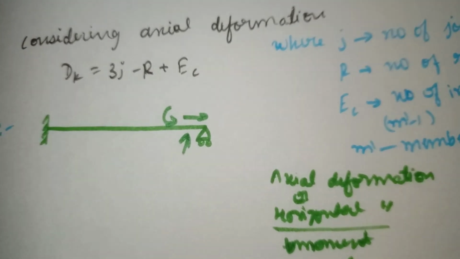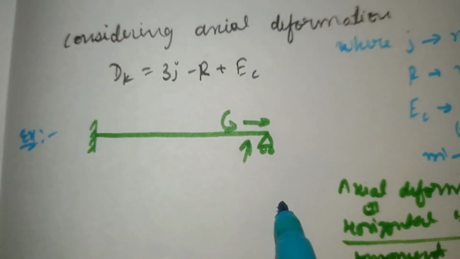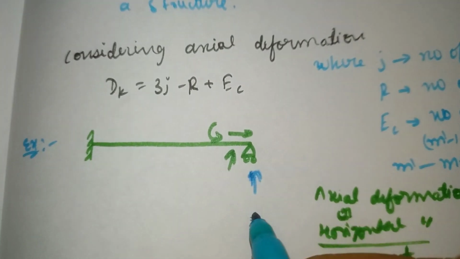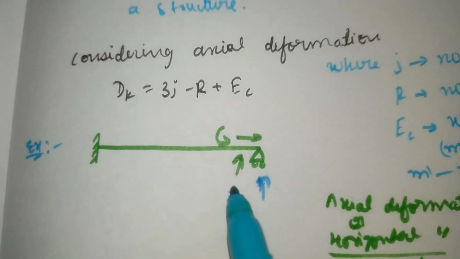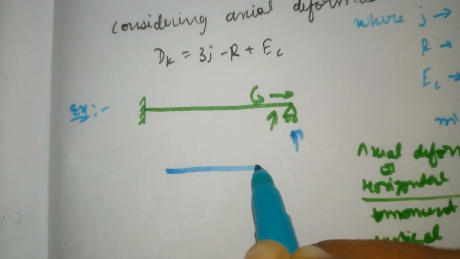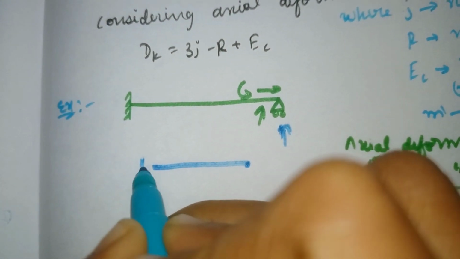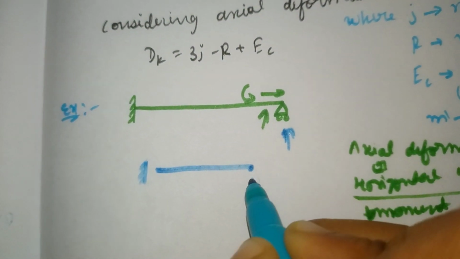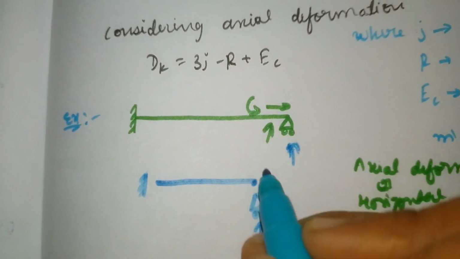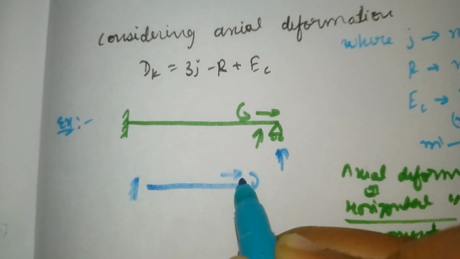But how many reactions are there in a roller support? One, the vertical reaction. I will show you in an easy way. I am redrawing this structure. This is the beam, this is a fixed support, the hinge is here, and the roller is here. At the roller, the only possible reaction is the vertical reaction. At any joint the possible deformations are moment, horizontal and vertical.